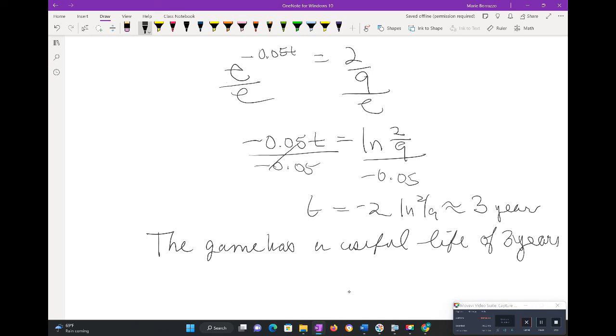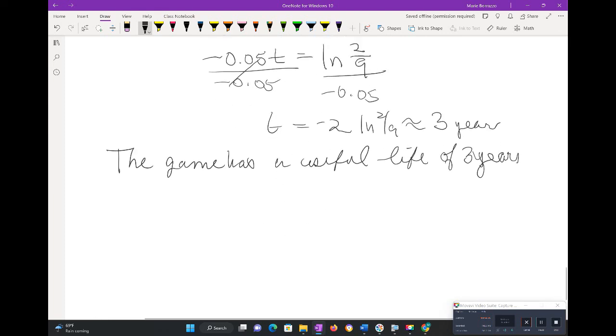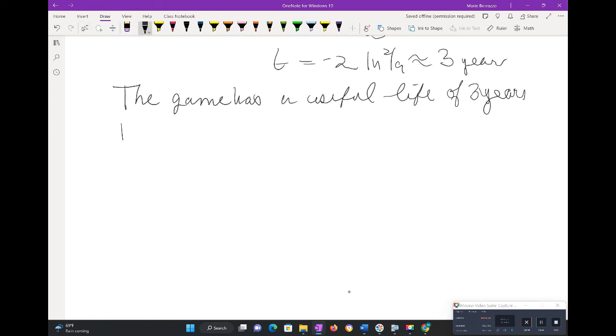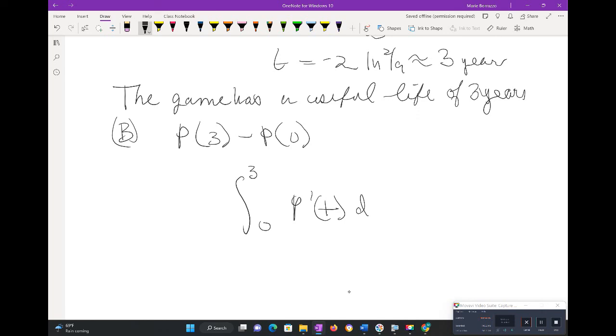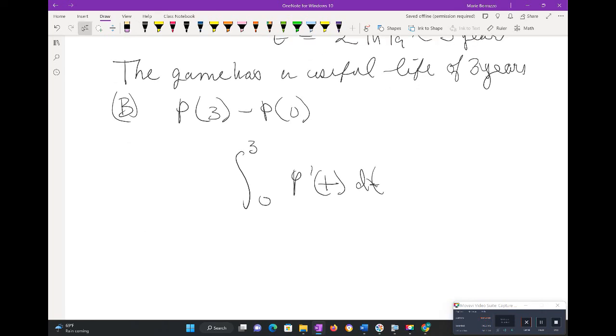Find the total profit accumulated during the useful life of the game. So they're asking us in part B to take P of 3 years minus the initial time. Again, this basically is an integral, taking that first derivative, and that's how you set it up. That's the connection. They want to know, in this case, the profit.